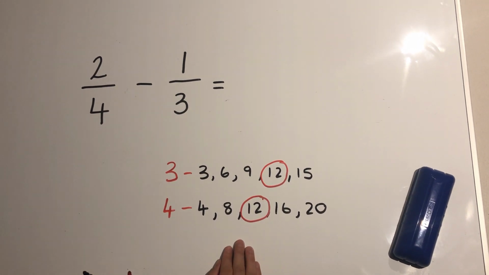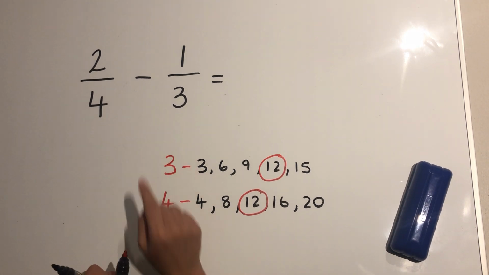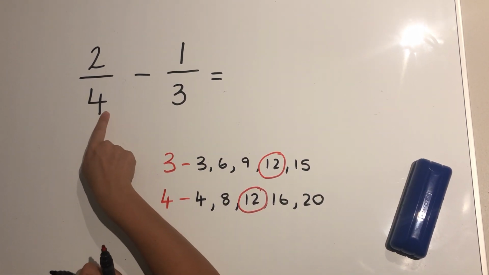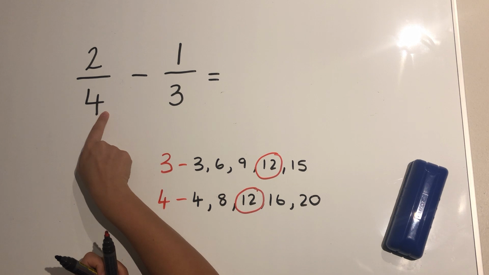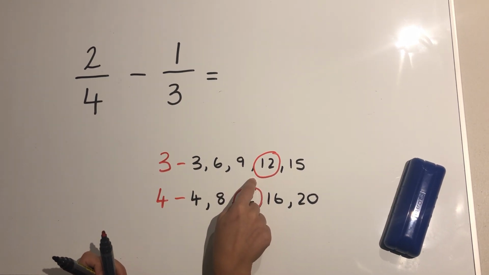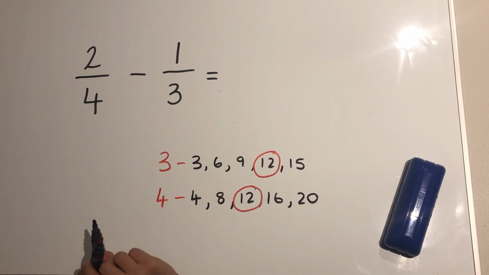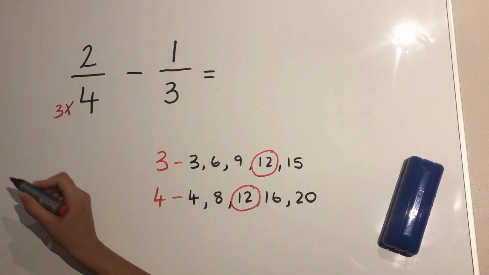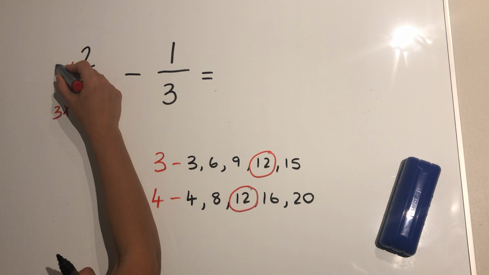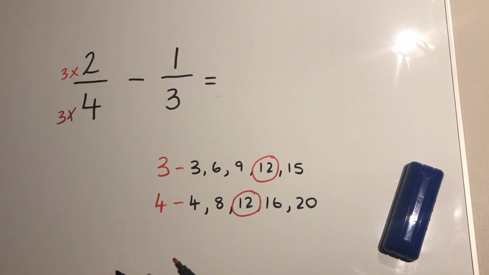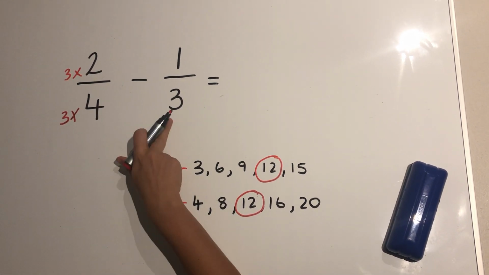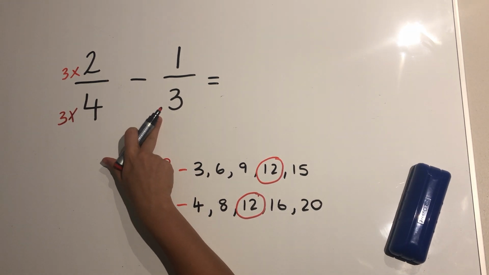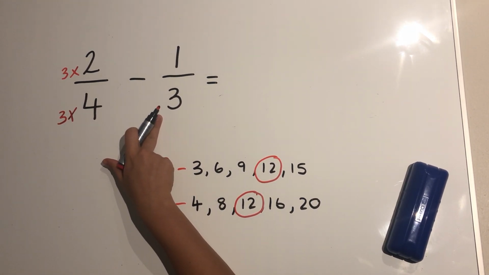So now what we need to do is look at our denominators and see how many times do we multiply 4 to get to 12. So we must multiply it by 3, showing our working out and doing exactly the same thing to our numerator, otherwise we'll get an incorrect answer. Now ask yourselves, how many times do we multiply 3 to get to 12?